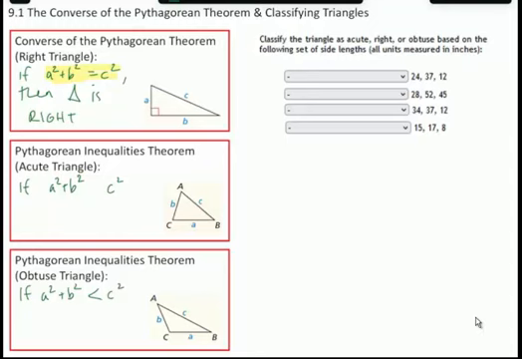What if my c squared, my hand value, is smaller than it is in a right triangle? It pulls that down, and what kind of triangle is created there? An acute triangle, right? Brings it in. So if c squared is less than a squared plus b squared, then you're looking at an acute triangle.